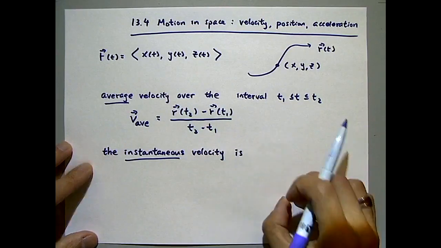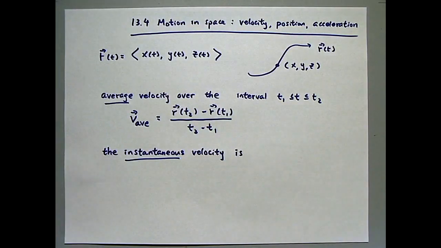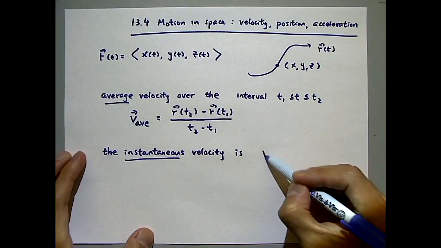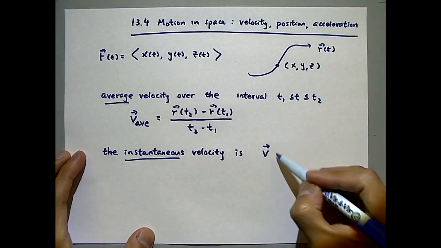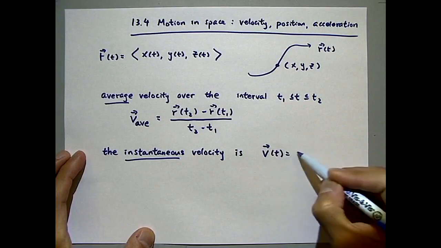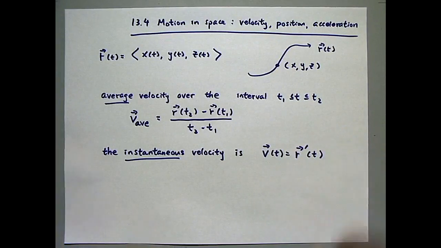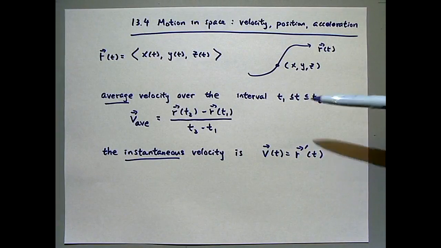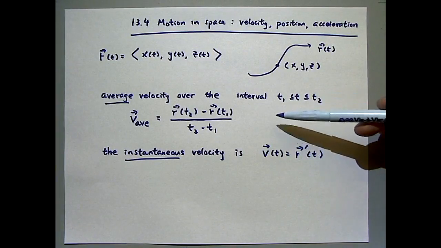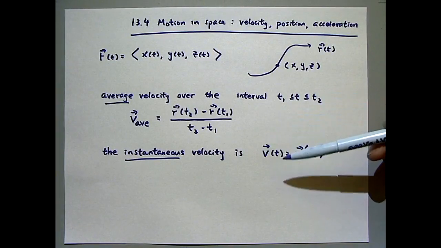What about the instantaneous velocity? Derivative, right? The rate of change. So the instantaneous velocity, usually just v, is of course just the first derivative of the position vector. What's the relationship between the average velocity and the instantaneous velocity?